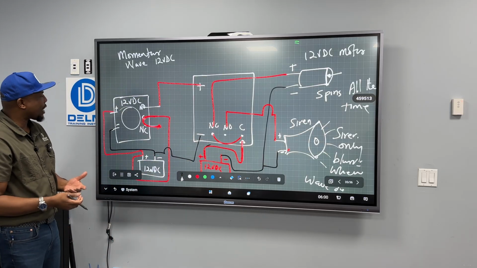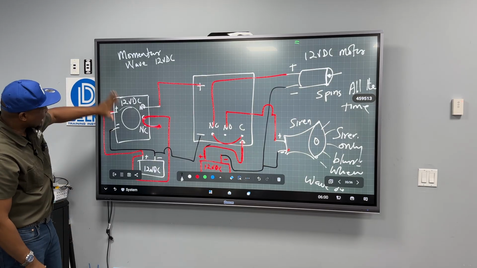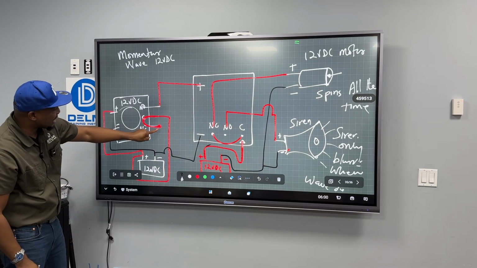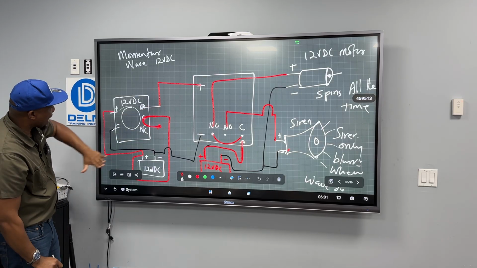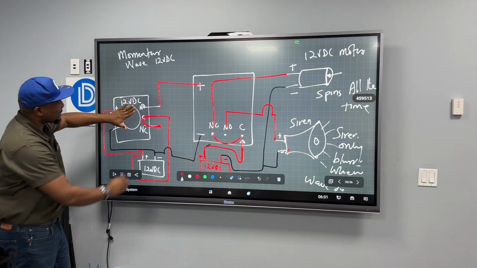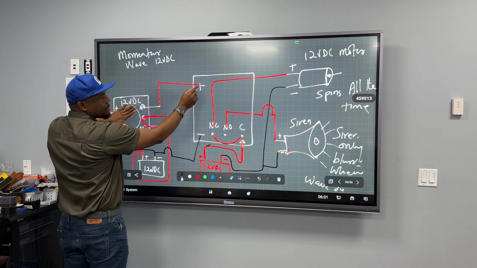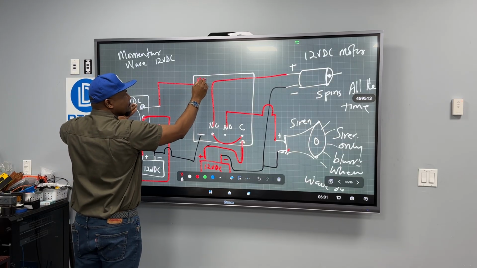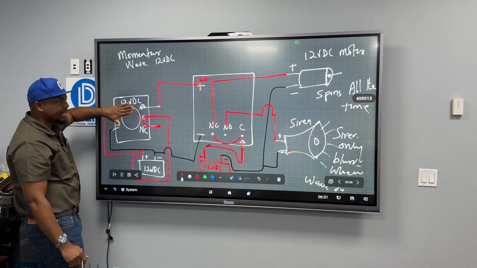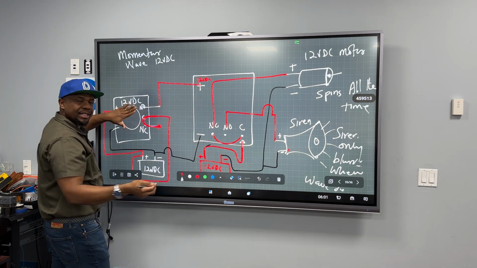So now let's look at how this behaves. This is already on. When I wave, it's going to take that electricity that is sitting here and bring it here. So I wave and I keep my hands there. Now the electricity flows through here. It comes here. Now I have 12 volts DC here because I'm still waving on it. This relay coil is now energized.